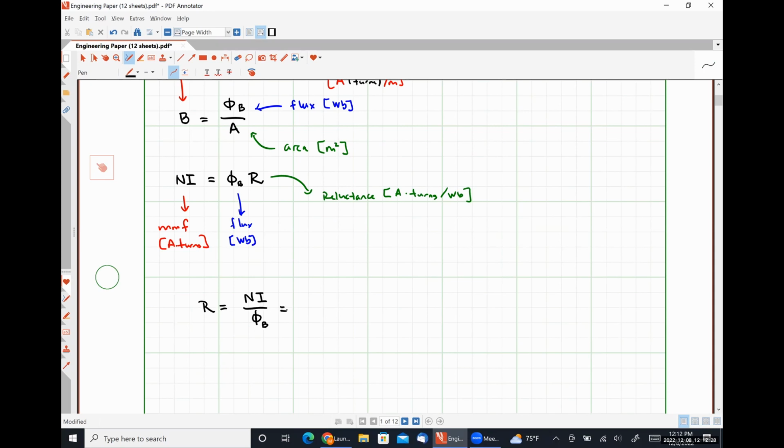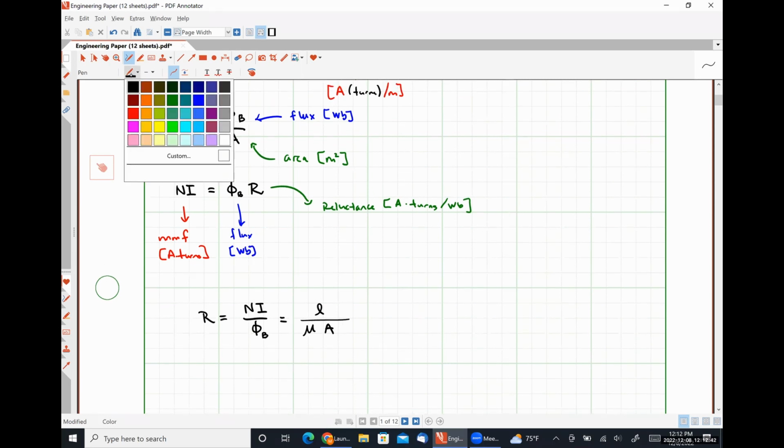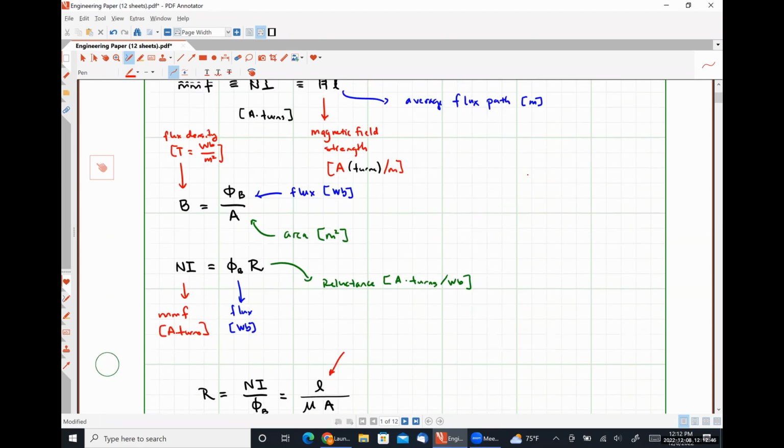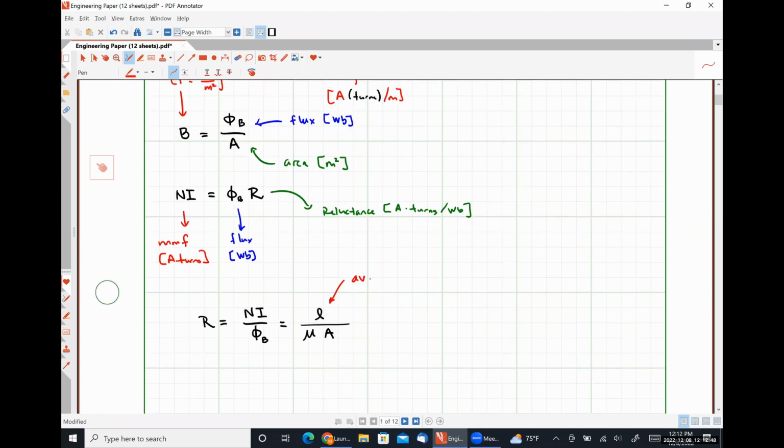Another way to look at this is that it is the length divided by mu times A. So this length here is the average flux path that we talked about earlier, measured in meters.